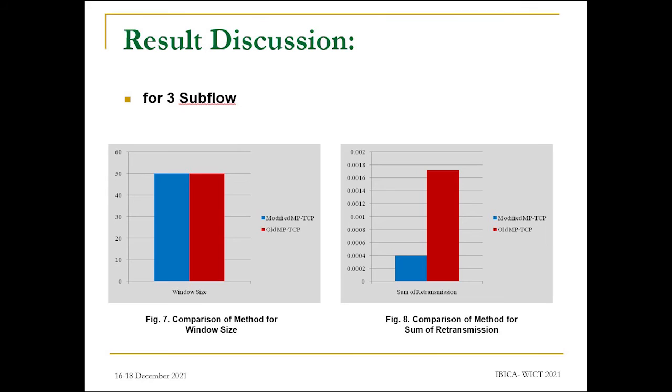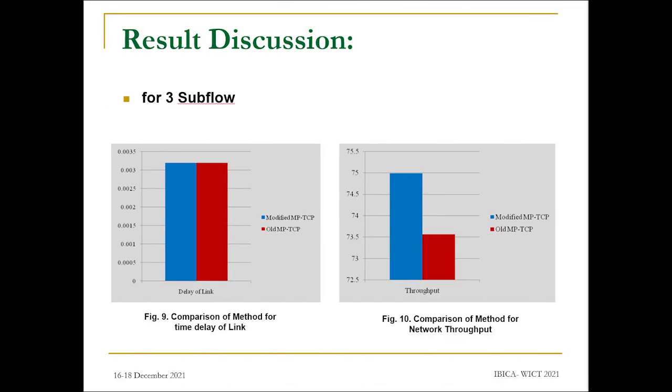In the next slide, that is in figure 7, comparison of method for window size and comparison of method for sum of retransmission are shown. In the next slide, as one can see in figure 9, comparison of method for time delay of link, and in figure 10, comparison of method for network throughput are shown.